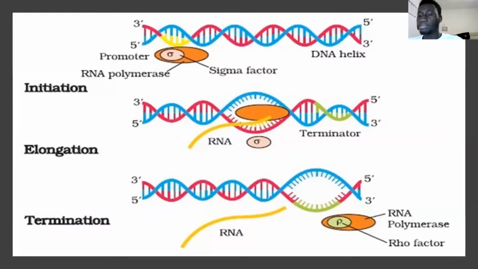So in the termination part, which is the last part of it, remember when I was talking about the promoter region, right? There's another region called the terminator. So the RNA polymerase gets to the terminator, and what happens is, let's use this again, right?